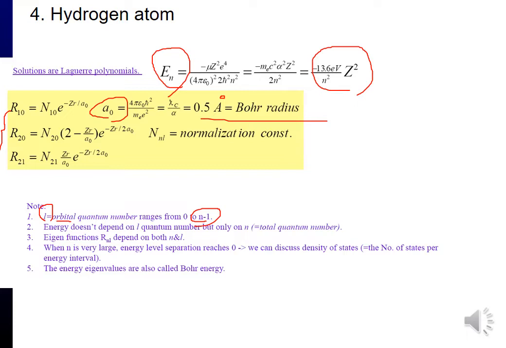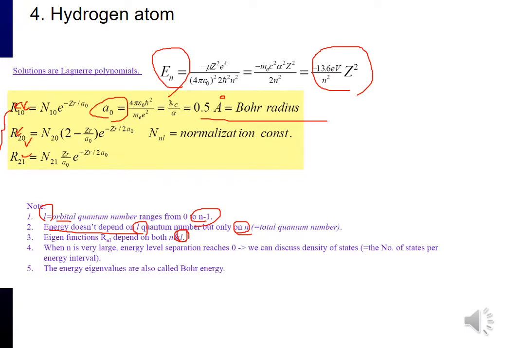Okay, it is important. If n is 1, L should be 0. If n is 2, L could be 0 or 1. Energy doesn't depend on L. It only depends on n. The eigenfunction R depends on both n and L. There is L dependence.